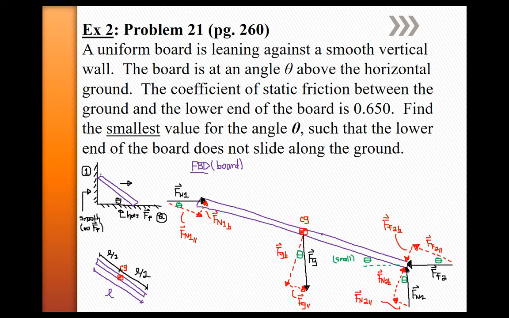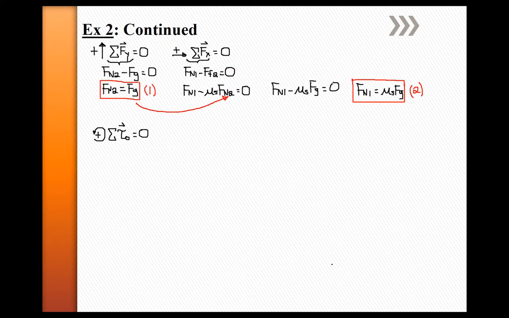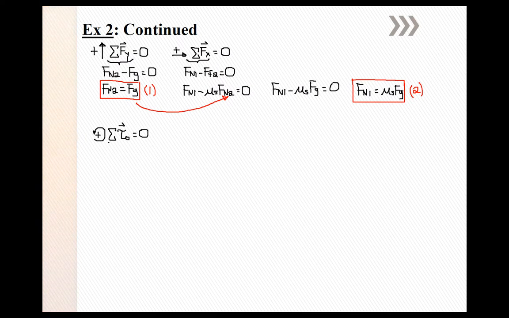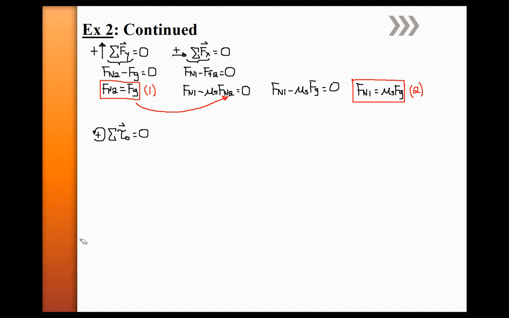We'll say this is side 1. This is side 2. We're going to sum torque about side 2. This will be more clear as I actually expand the equation. So instead of saying sigma T0, we're going to say sigma T2. Okay, so that's the right end.